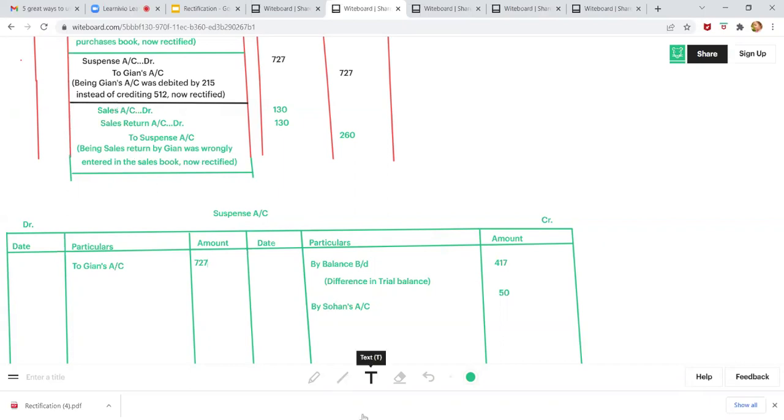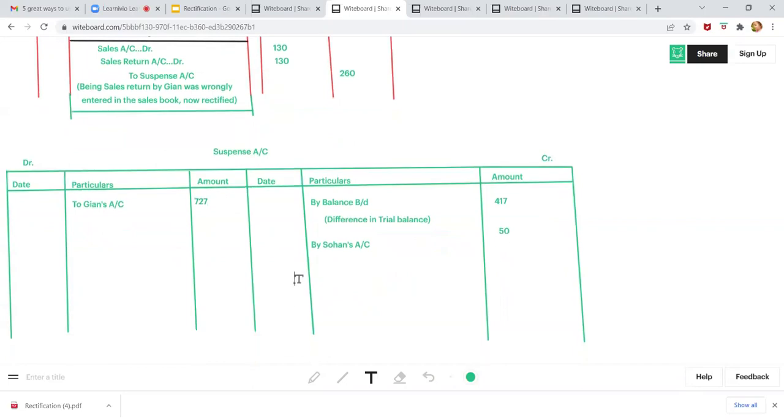So here we write "By sales account 130," and also "By sales return account 130."